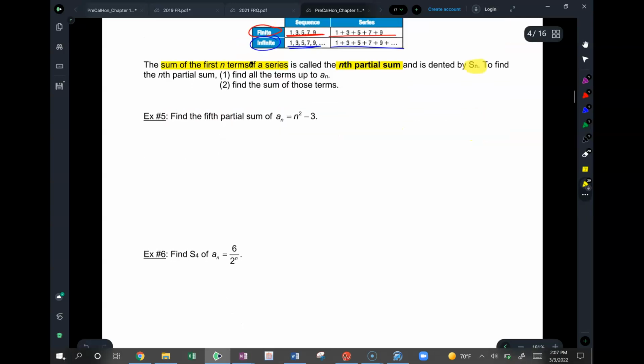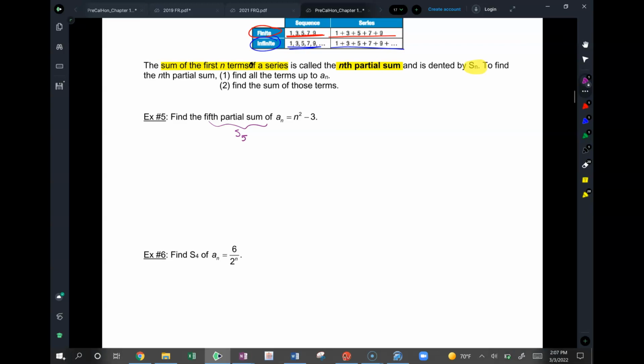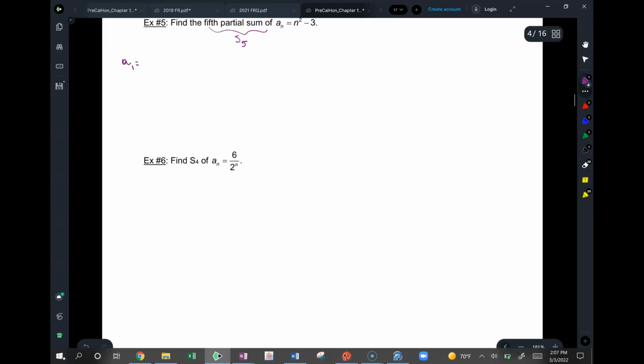So let's take a look at this one. We want to find the fifth partial sum. That's S sub 5, so the first 5 terms. Let's find the terms here. What's A1? A1 is -2.